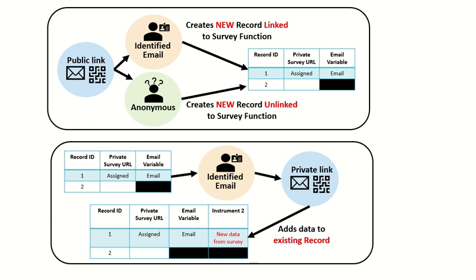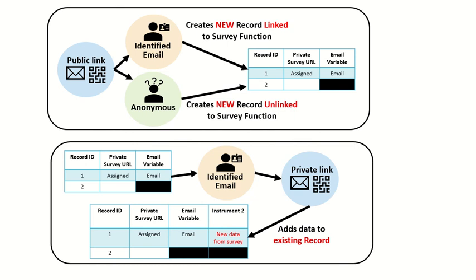It makes the next record in the line. When that record is made, because I knew who I sent it to, it linked it, because I had that enabled. So in that case, the survey function identified the person in the database. And so the survey went, oh, this person is record number 1.